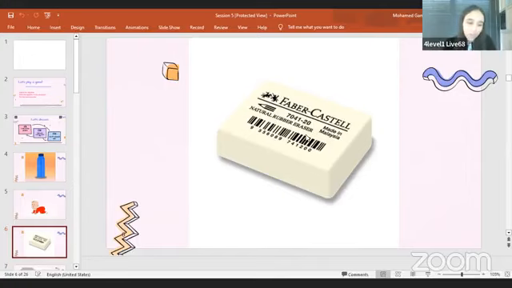So what is it? Yusuf said eraser. Yasmin, eraser. Okay, we will see the answers at the end.